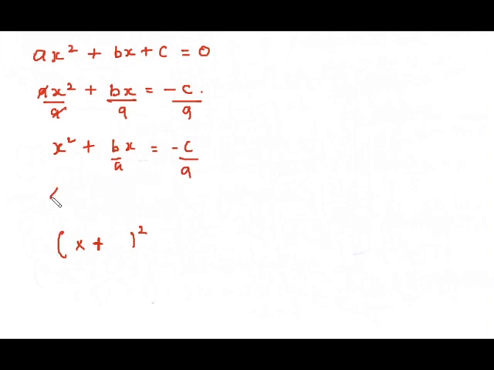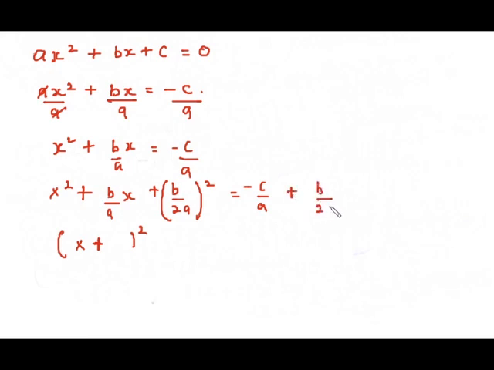So we have x squared plus b over a x plus b over 2a, and we're going to square it, which is equal to negative c over a plus b over 2a squared.